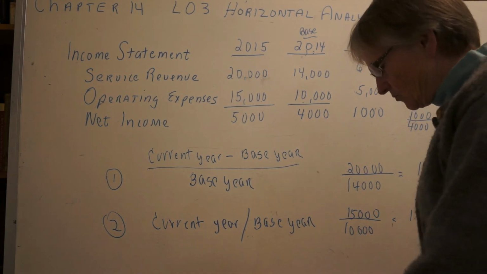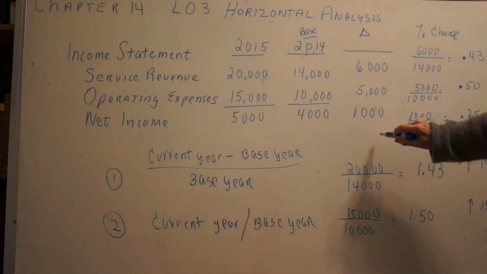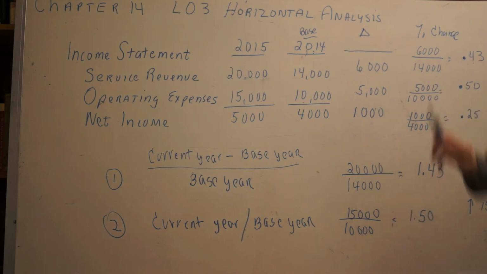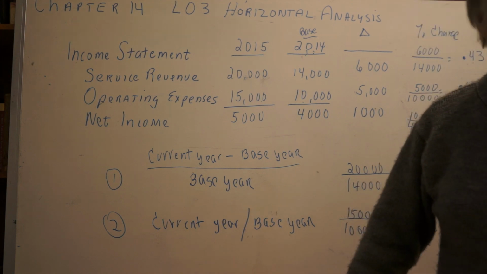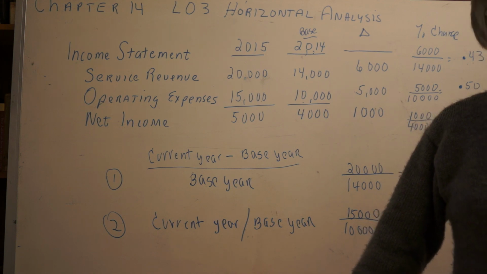It's all a matter of what makes the most sense to you. This is what you will see the most. They'll do the current year minus the base year, get the percent change, and that tends to be a little bit easier to understand for most people, but you will also see it expressed the second way as well. So you just need to be familiar with both. So that's your horizontal analysis, the mechanics.